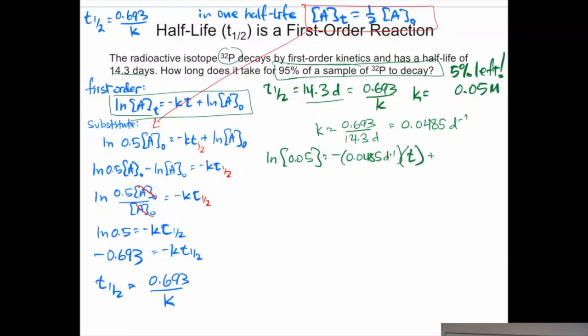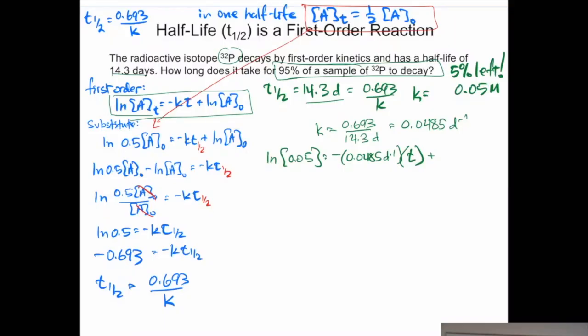What's the initial concentration? Oh, sorry, I put 0.05 molar. That's not right at all, because we don't know what the starting amount is. All we know is that 5% of it is left. You see the difference?